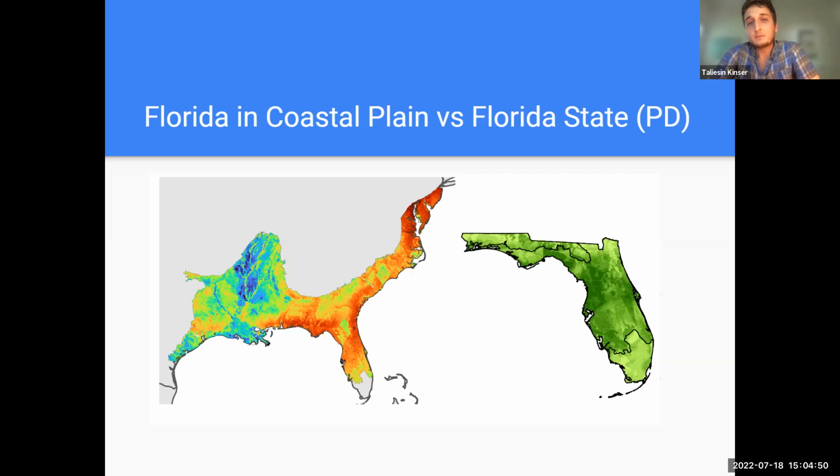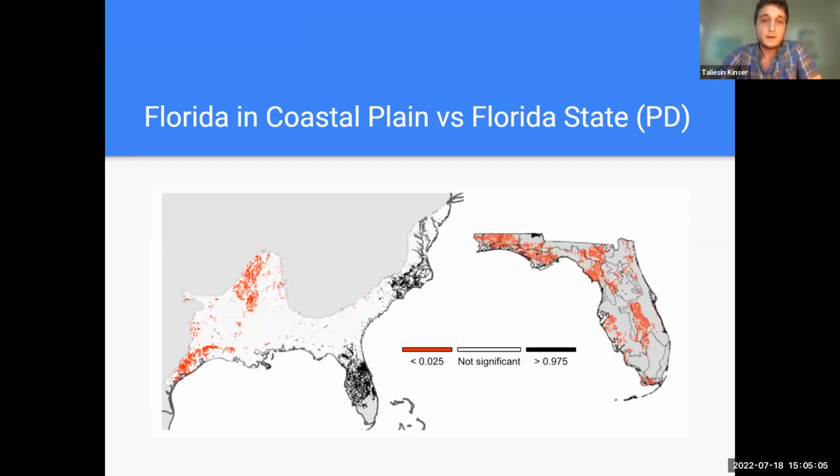And you see some more differences as you go to these randomization tests, where you're looking for significant amounts of high or low PD. Advance the slide, please. Thank you.